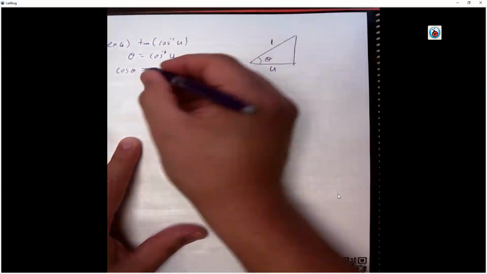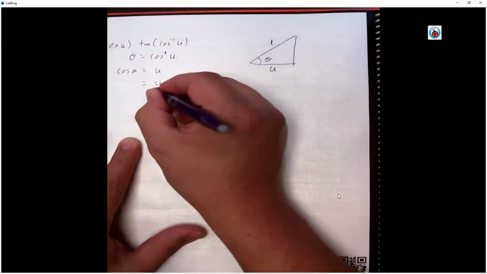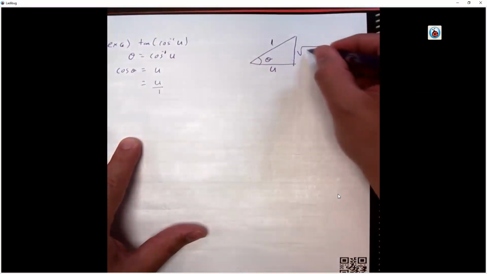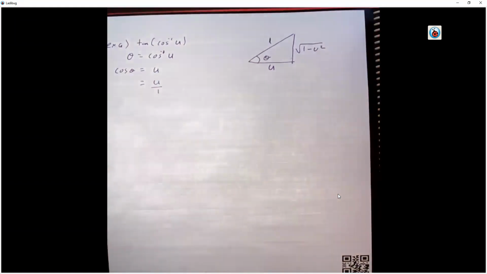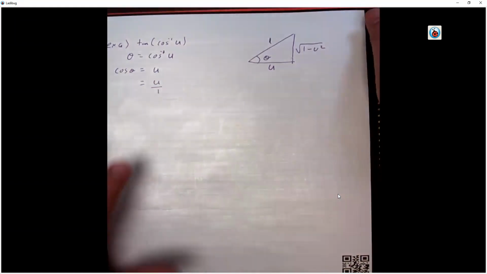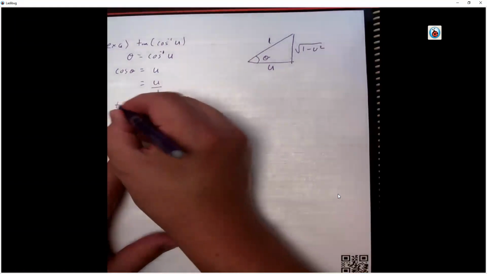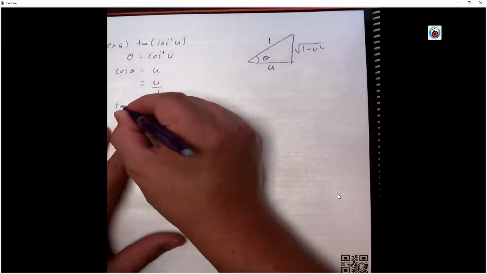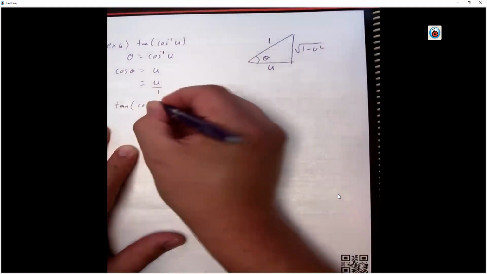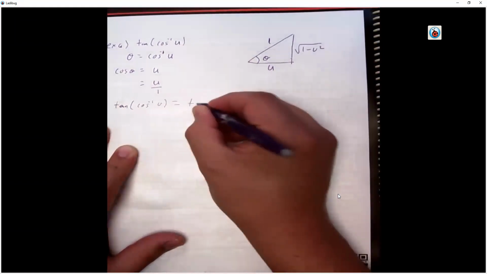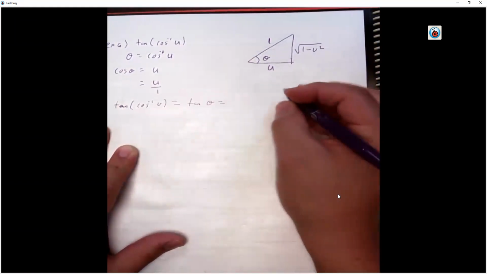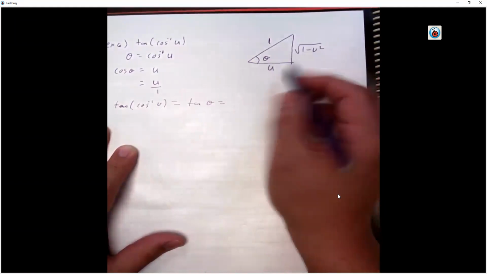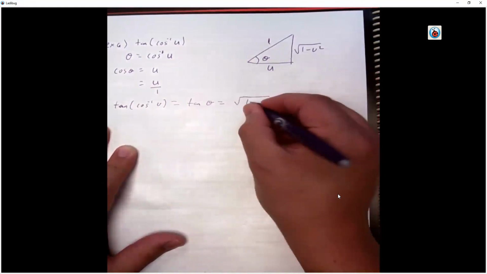Hypotenuse is there, right? Because this is over 1. When you do the Pythagorean theorem, you're going to get the same thing as earlier. We'll skip that step this time. So now the question is really asking, what is tangent? So tangent of cosine inverse of u, which is equal to tan theta because I renamed it, will be opposite over adjacent.